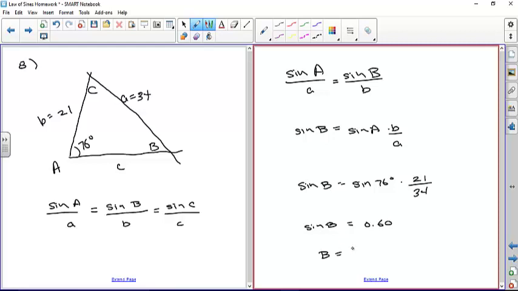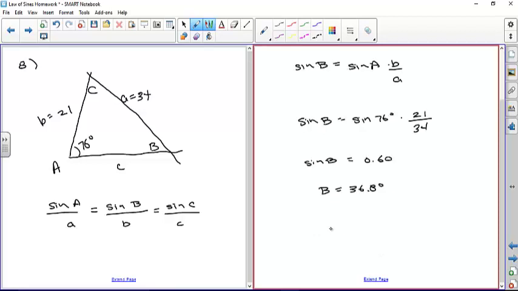So I get 36.8 degrees. So that's angle B. Then I can find angle C because I have 2 out of 3 angles. So C is equal to 180 minus 76 minus 36.8, and I get 67.2 degrees. Okay, so that's angle C.